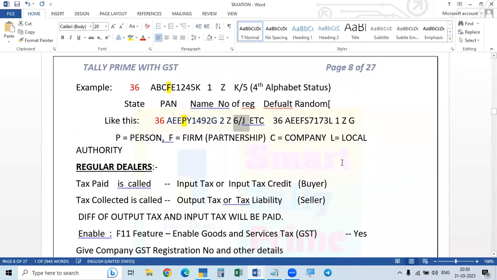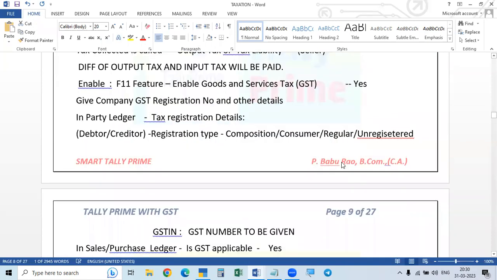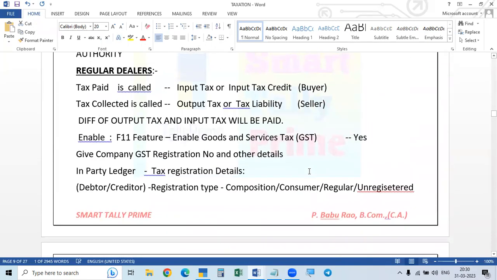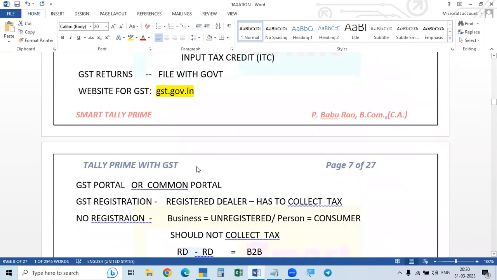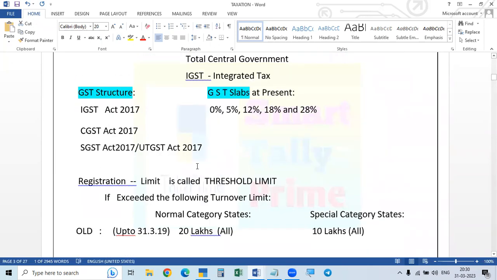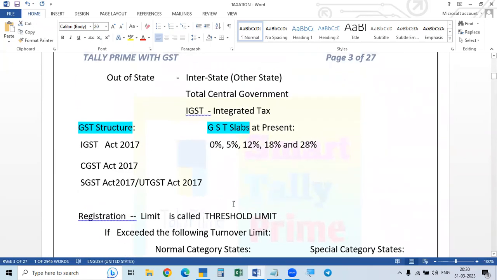In GST, there are some types of GST, depending on whether the sales are made within the state or outside the state. If you make sales within the state, the state government and central government will share the tax.